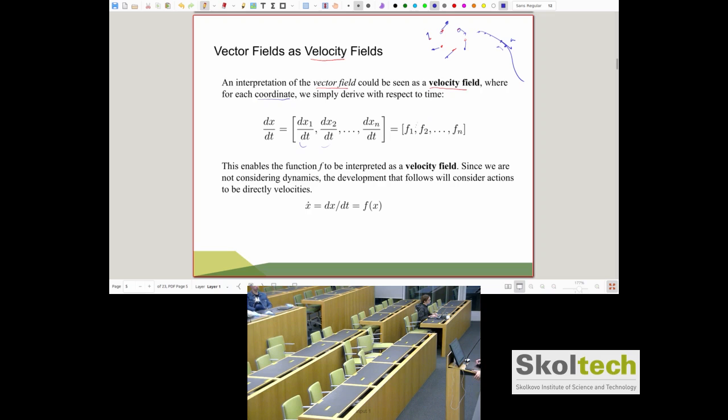At the end, what you get is a new vector of the same dimension. So if you had n dimensions on your Cartesian space, you now have n dimensions of velocity vectors. That means you can think about this function as a velocity field. The only thing we are doing is looking at how these coordinates change over time, and this is the definition of velocity.